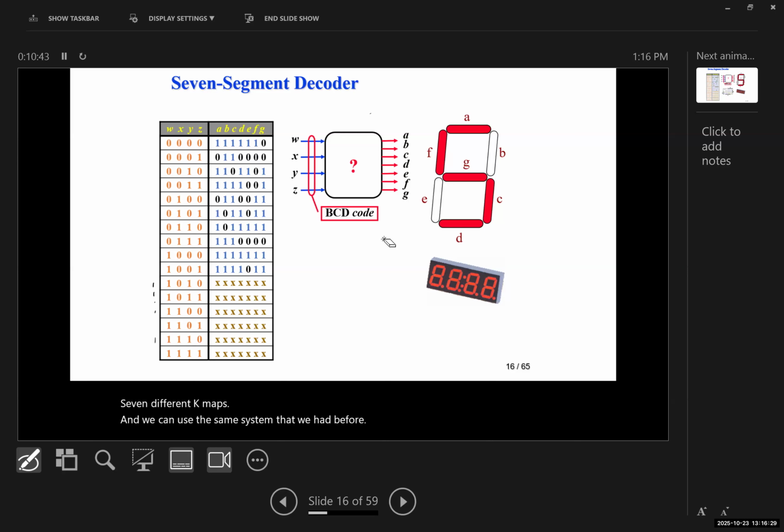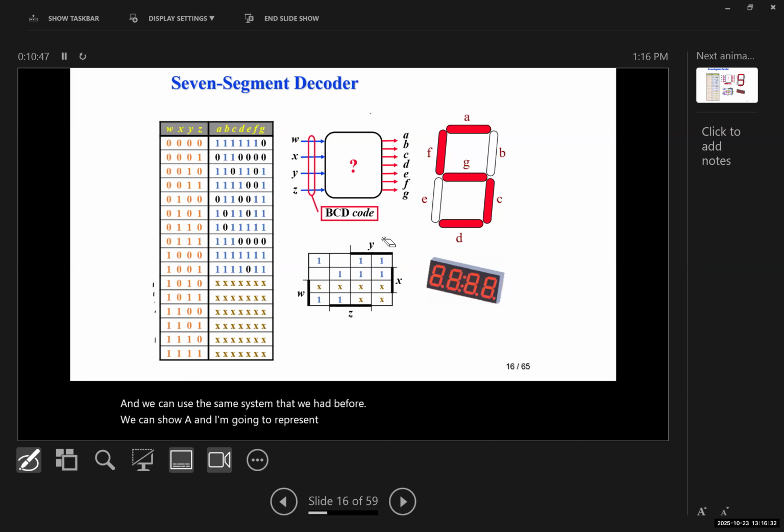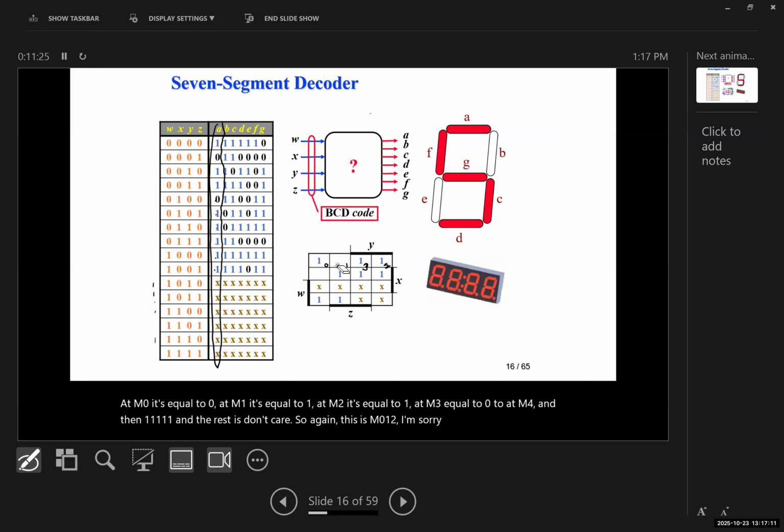I'm going to represent just A here, with the 4 variables that we have, which are W, X, Y, Z. For this particular example, A is equal to 1 at M1, M2, M4, M5, M6, and M7, and equal to 0 at M0 and M3. The rest of it is don't care.